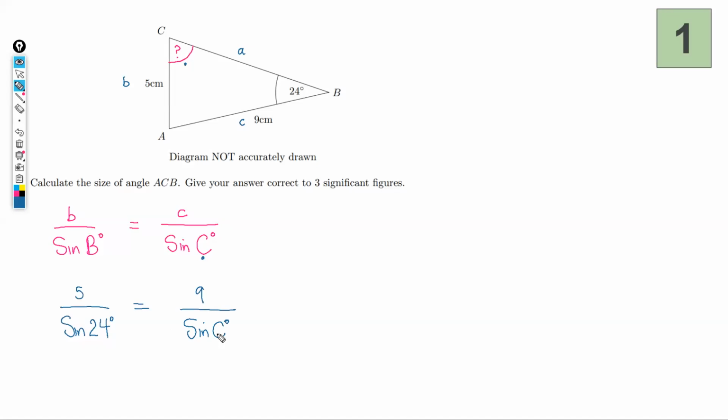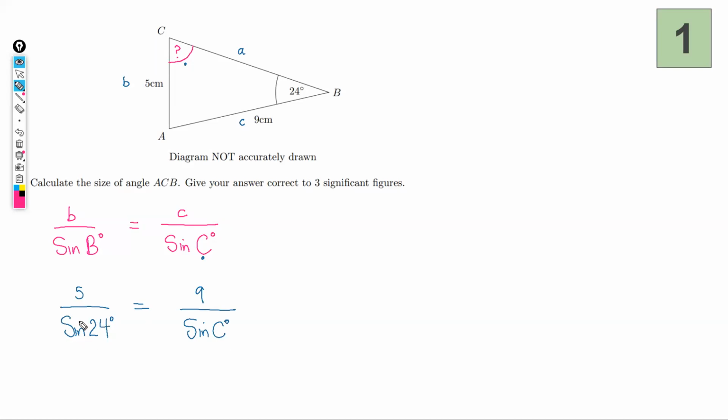Now, there are two ways we can move forward, and different teachers will show you different things. What we could do first is find sine 24 on the calculator. I will go to 3 decimal places because whenever you're working to 2 decimal places, you should do your work to 1 extra decimal place.